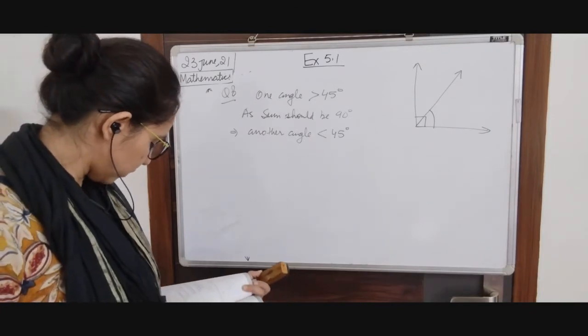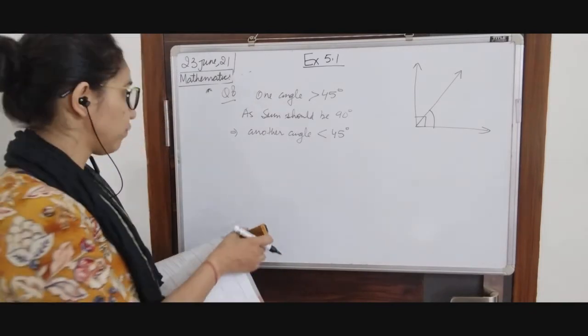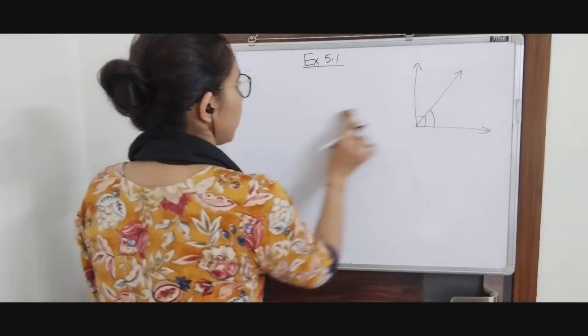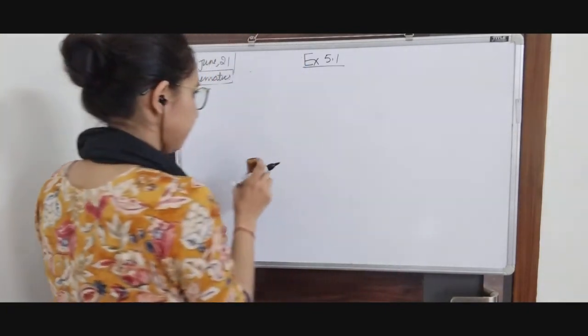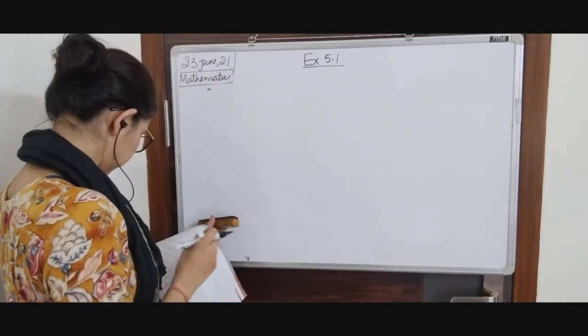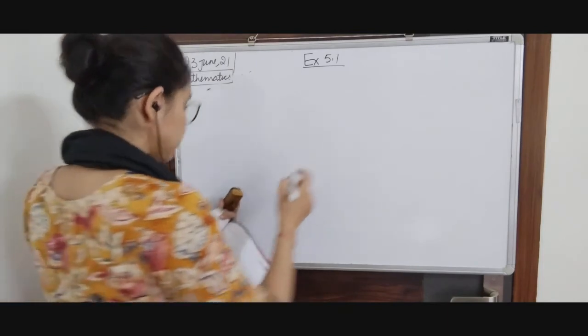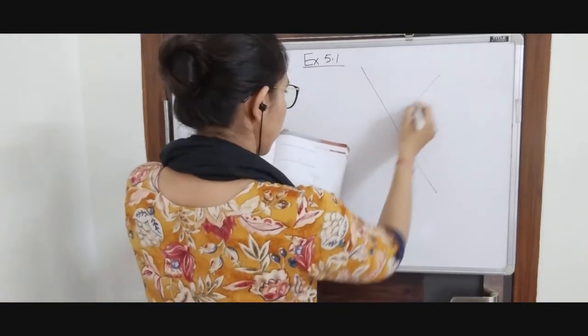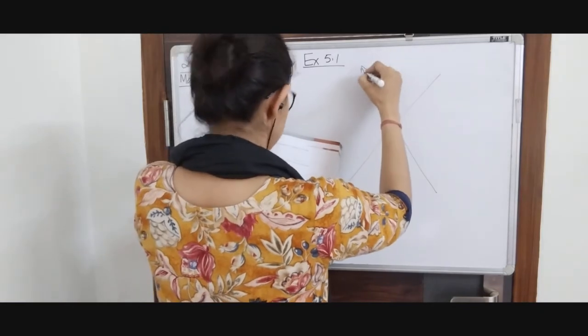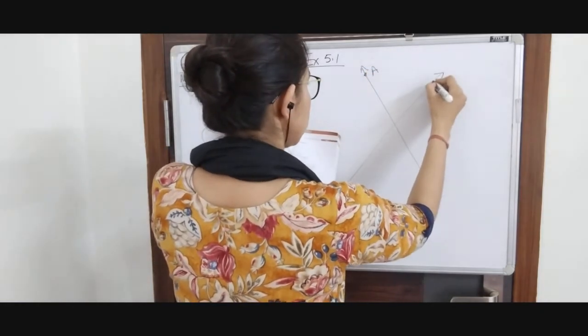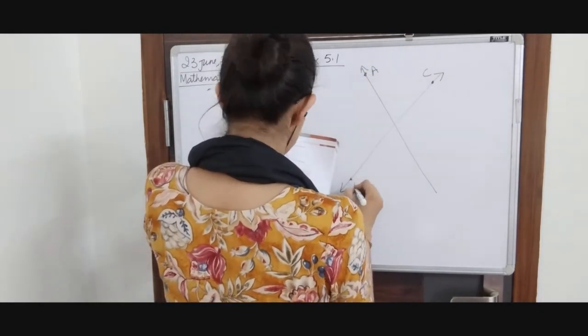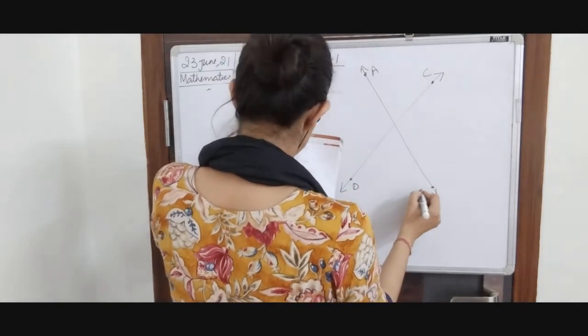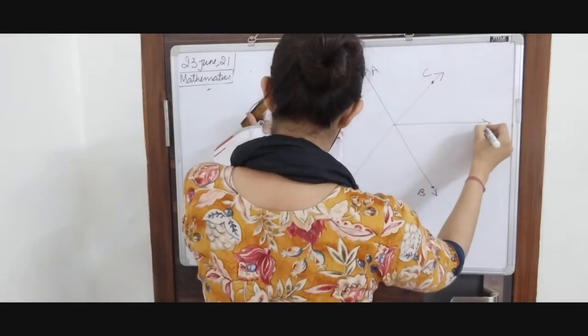Now we have question number 9. We are given a figure like this, two lines A, C, D and B, and one line from here.